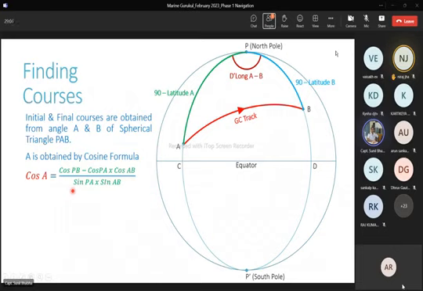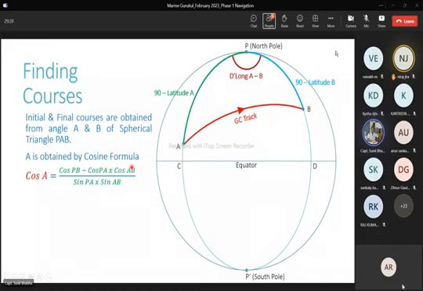So you see we have applied the cosine formula once again, this time to angle A, and you can see in this formula all the items on the right hand side which are marked in green are already known to us. We know PB, we know PA, and we know AB also.